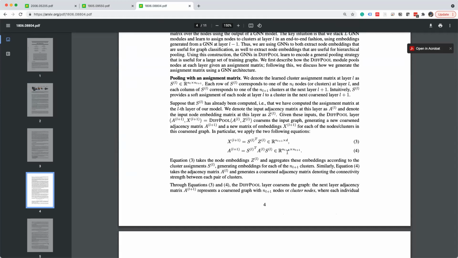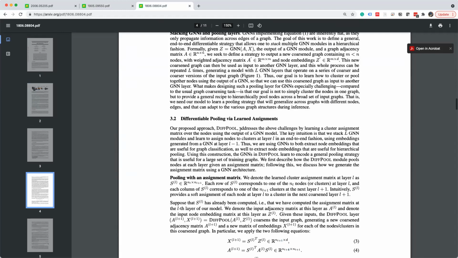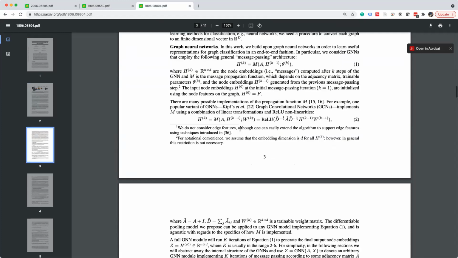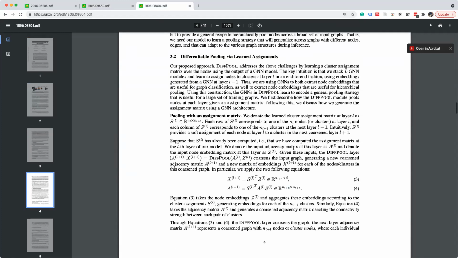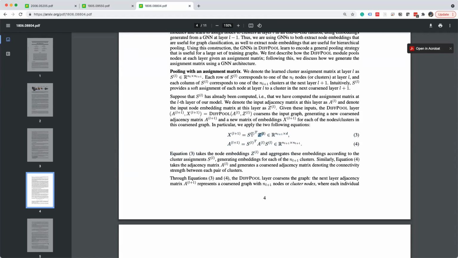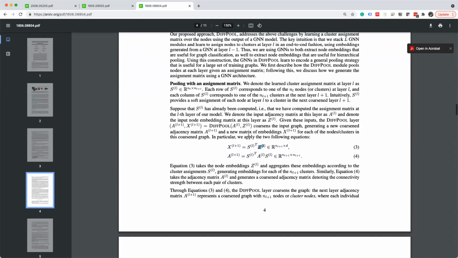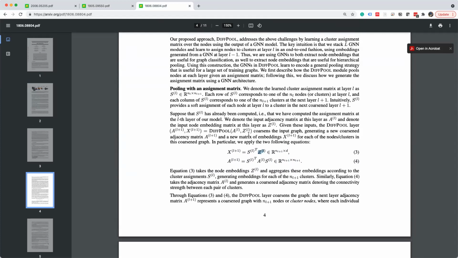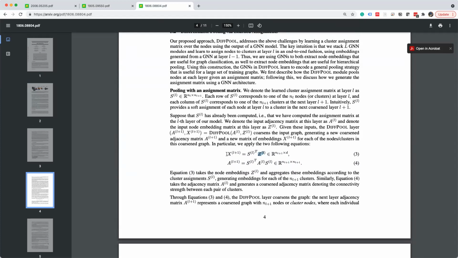They learn also two matrices, where the first part is just a regular GNN, but then they also learn a new graph. So here, Z is a graph, S is also computed, but you're learning different graphs. These are assignments, and every time this graph is being reduced. So this can go over and over as you stack these layers.